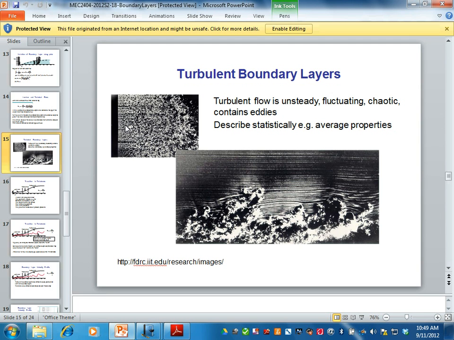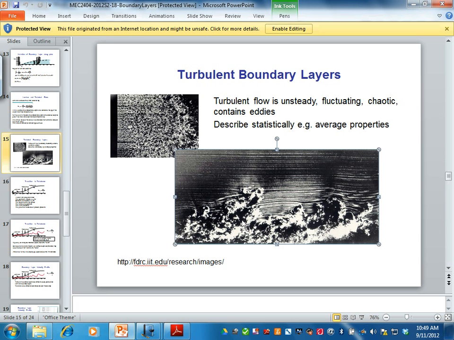Besides going around here and here and here, they also go round on the top, if you look from the top, so there's a lot of mixing. Okay, so that's turbulent flow. Again, there are a lot of other examples of turbulent flow.